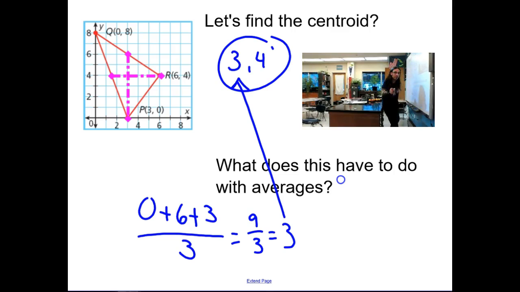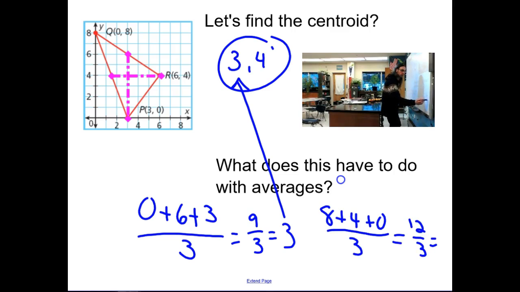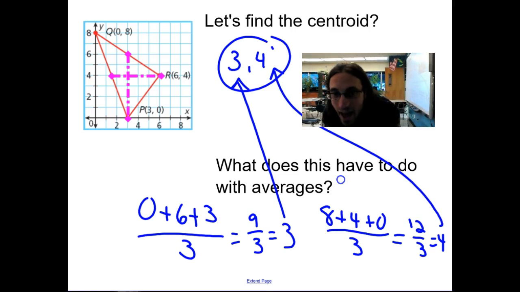Do the same thing for the y-coordinate. I've got 8 plus 4 plus 0 divided by 3. And that's 12 divided by 3, which is just 4. That is exactly it. The balance point is the average of the x-coordinates and the average of the y-coordinates.